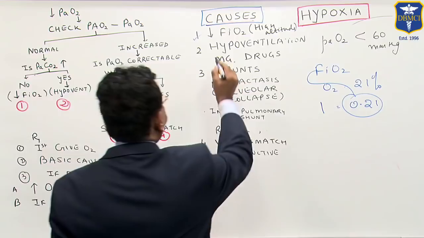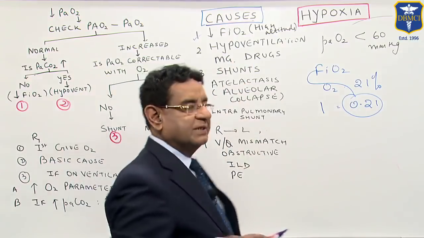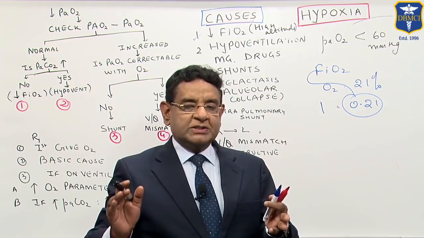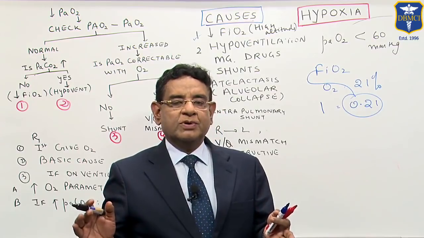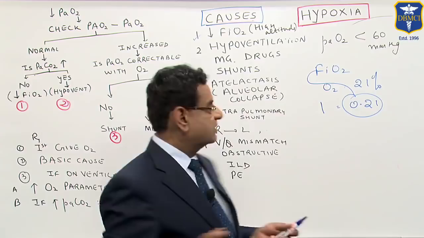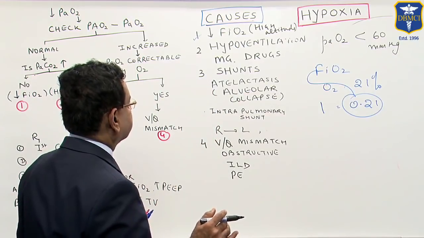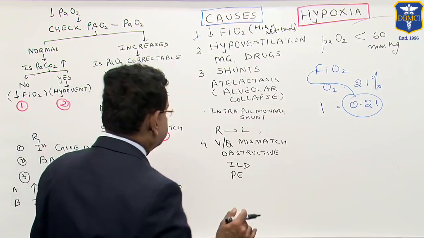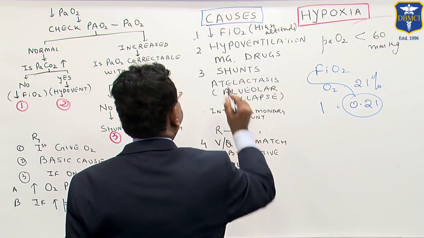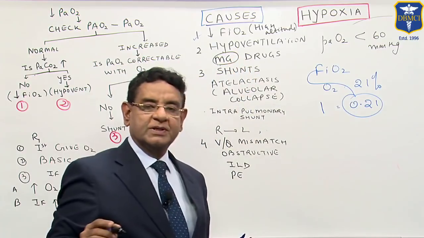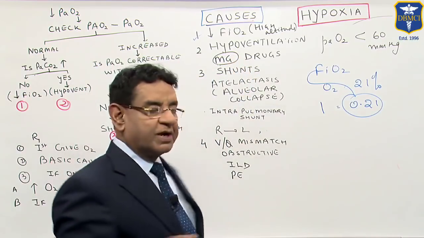Second is hypoventilation. That means, as I told you, the air or oxygen is not coming to the alveolus. So in which conditions can it happen? It can happen in conditions like myasthenia gravis or drug overdose.